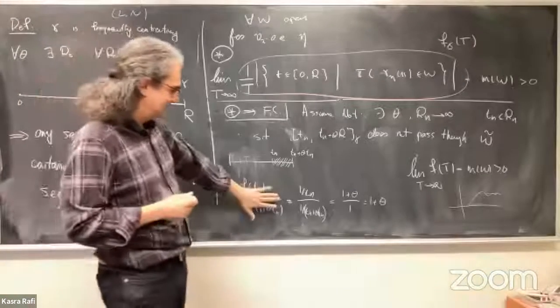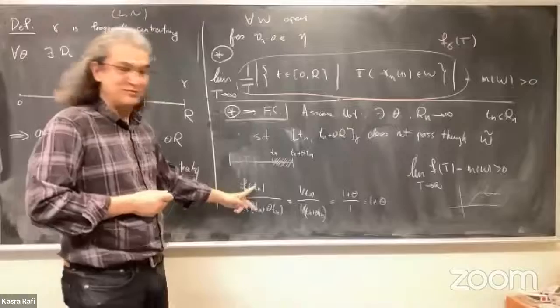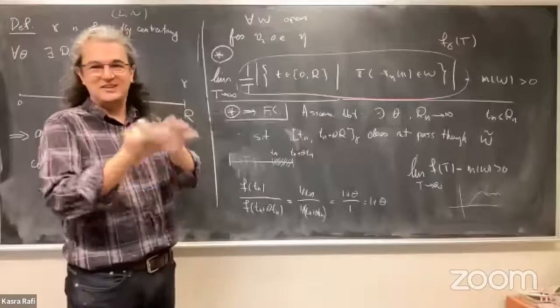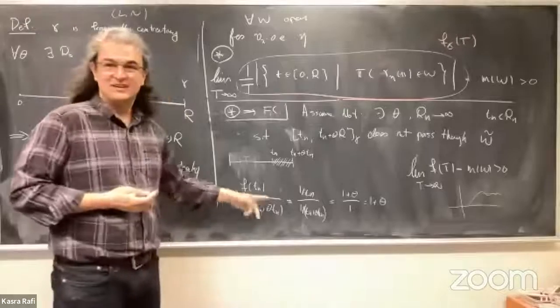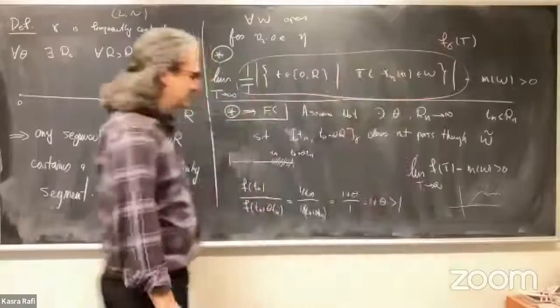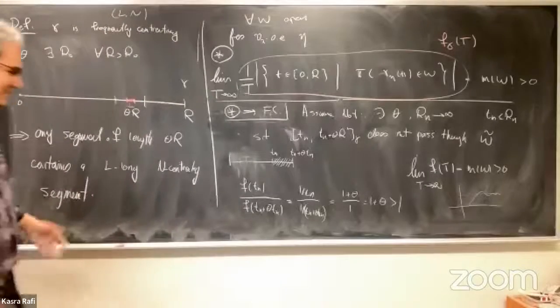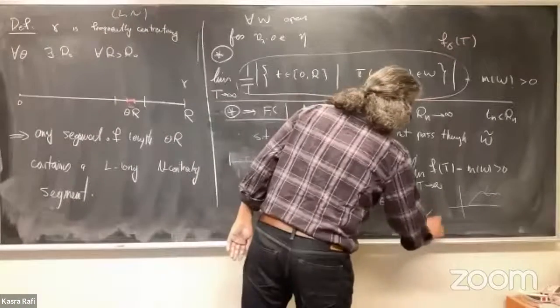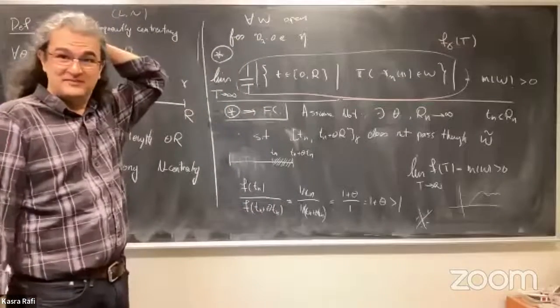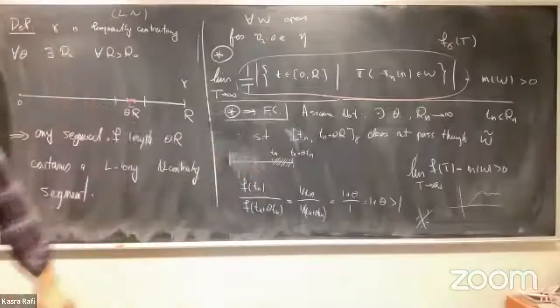So this is not possible. I have found a sequence of points going to infinity where the ratio of the two values is bigger than 1 by some fixed amount. So that's the contradiction, which proves the claim. So that's the cool trick.